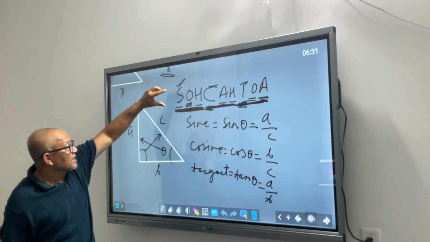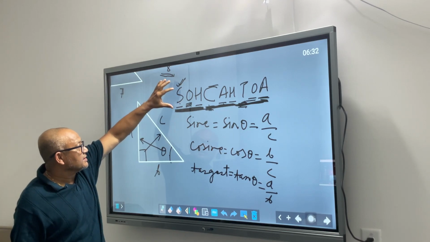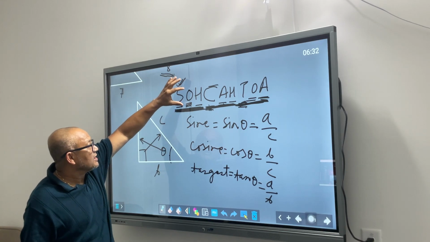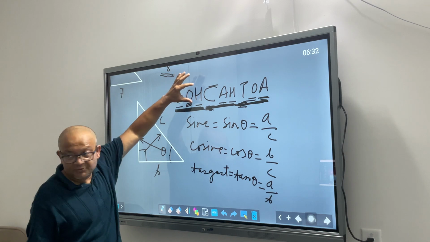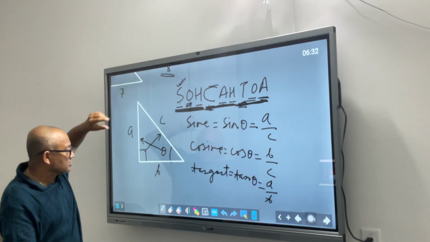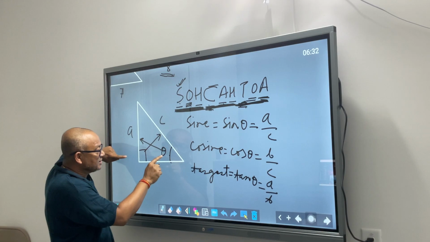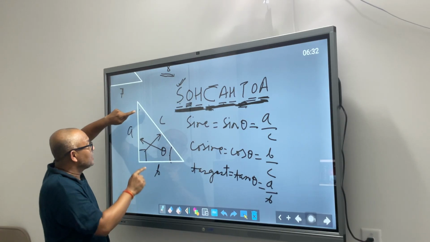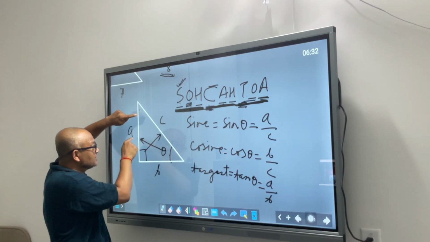Now SOH is, the way you will read this is, sine of an angle is equal to opposite side of the angle divided by hypotenuse. So this is my angle. Let's say I'm looking at this angle right now. If I look at this angle, then my opposite side will be this one, adjacent side will be this one.